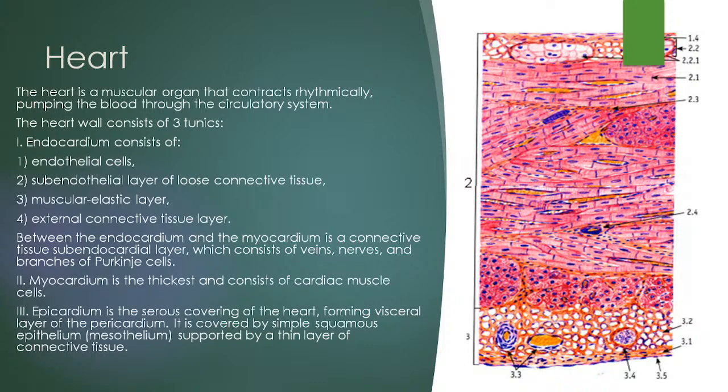Endocardium consists of endothelial cells, subendothelial layer of loose connective tissue, muscular elastic layer, and external connective tissue layer.